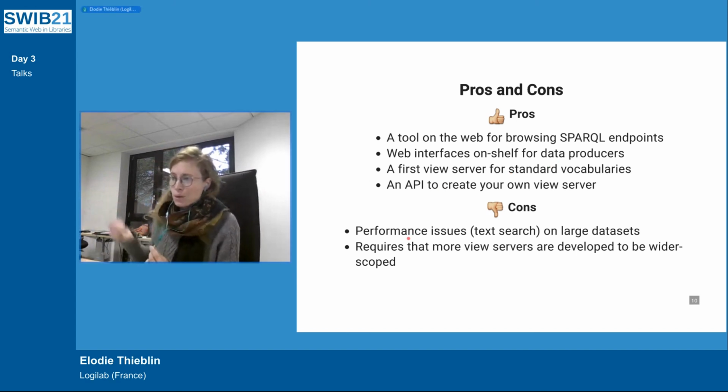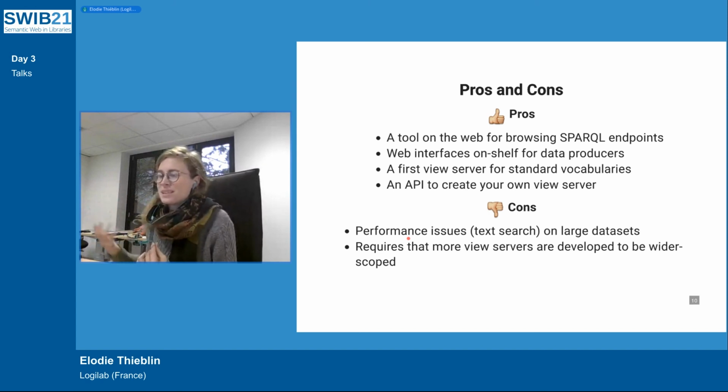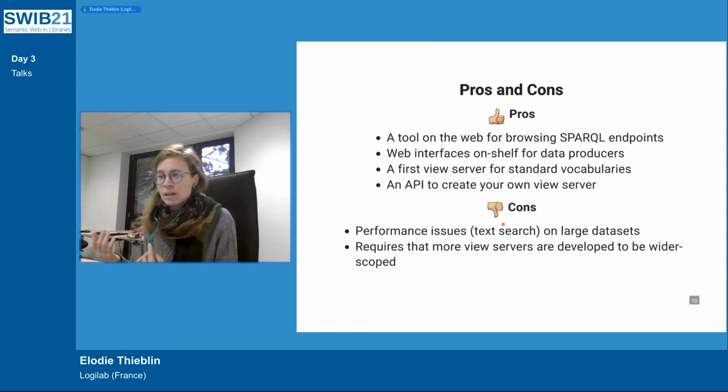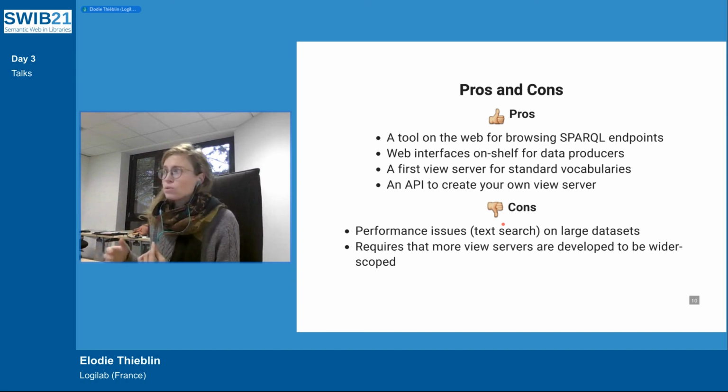So the cons of this tool are, as I said, the performance issues, especially on text search on large datasets. We know that there are some possibilities. For example, if you use Jena, you can use Lucene and so on to index your RDF data. However, we wanted the tool to be as wide as possible.